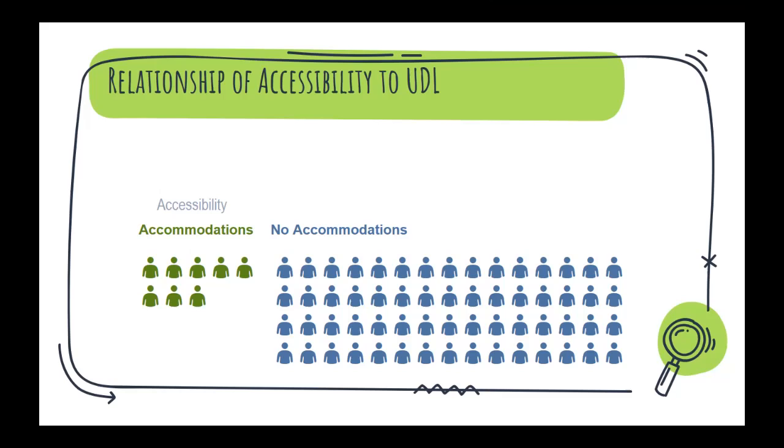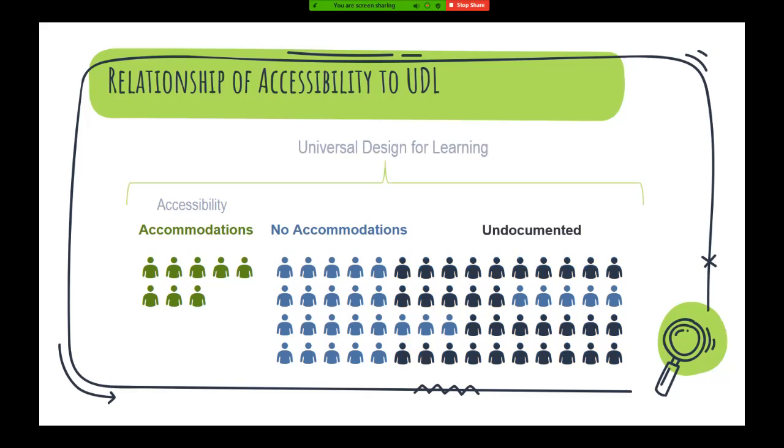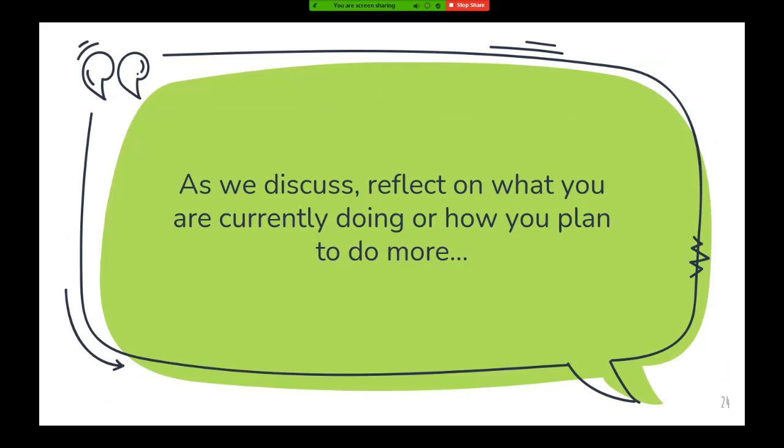But remember from the stats earlier, there could be up to 9% of disabled students who haven't alerted the school to their disability, and many more who come into the classroom with visual, dexterity, age, family support, cognitive issues, a variety of learning preferences, all of these differences that you don't necessarily see, you're not informed in writing about. So this illustrates the difference between accessibility, accommodation, and universal design for learning.